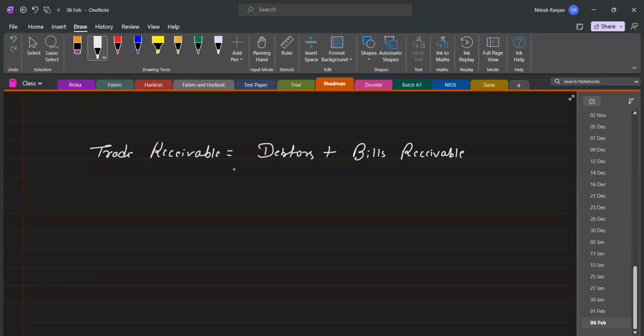Debtors plus bills receivable. Okay, so this is our trade receivable formula. Now, opening trade receivable, if it is given, it means opening debtors plus opening bills receivable. And if closing is given, then closing debtors plus closing bills receivable. So opening plus closing divided by 2. This is average.